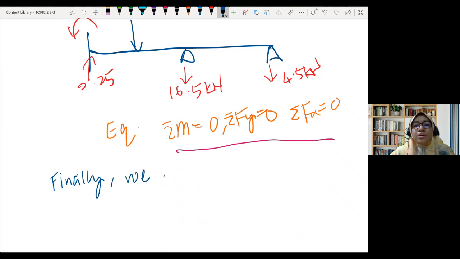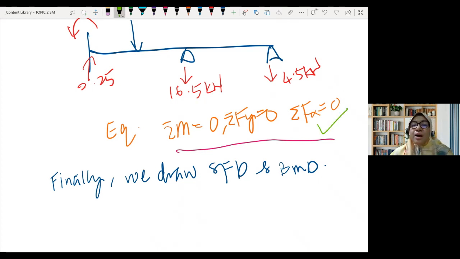We have to make sure all this is fulfilled, meaning the diagram must be a closed loop.